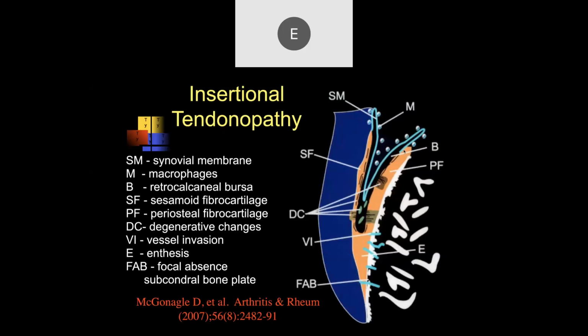Where you have the cortical bone, you've got cartilaginous fibers on the anterior side of the tendon as well as the posterior side of the bone itself, and a synovial sheath in between the two to try to decrease the irritation of the tendon directly against the bone.